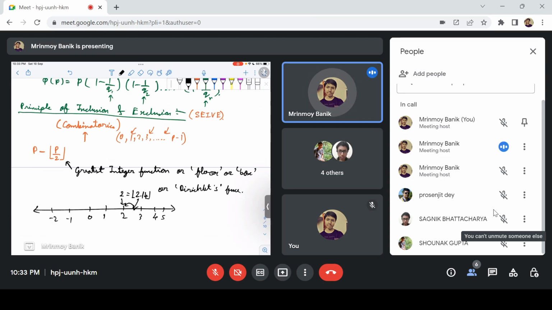Similarly, the floor of any integer is the integer itself, and the floor of a negative number is the integer to its left. So the floor of minus 0.67 is minus 1, not 0.